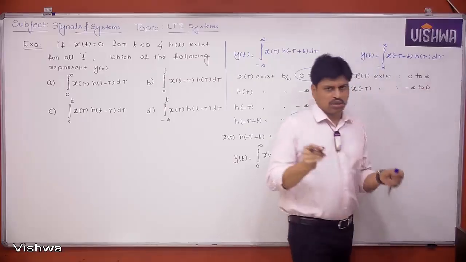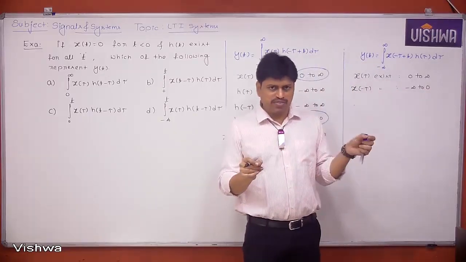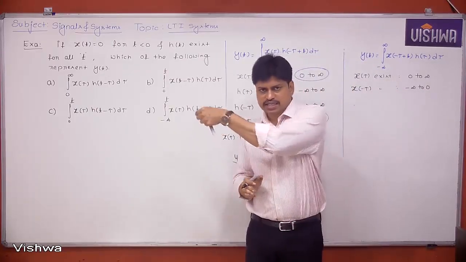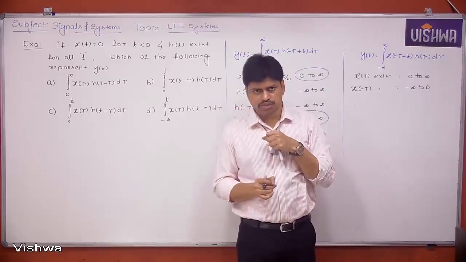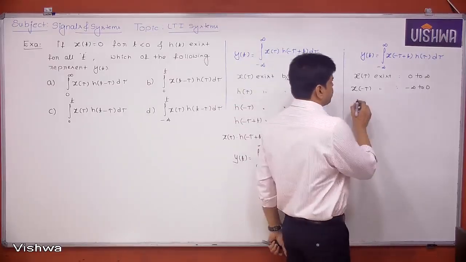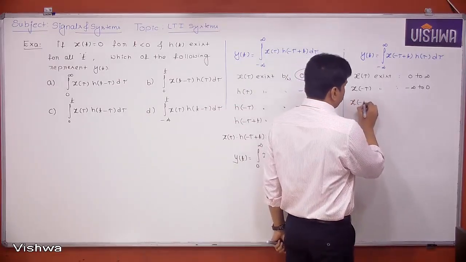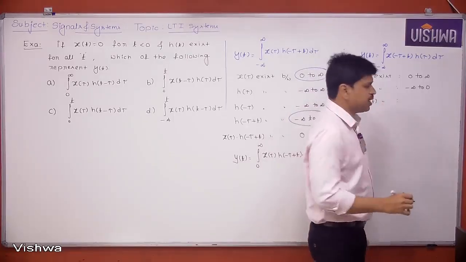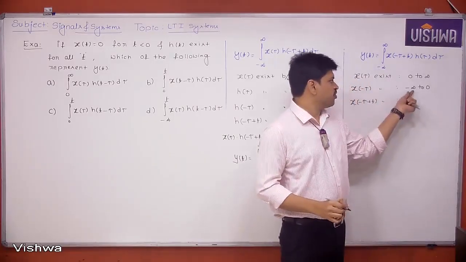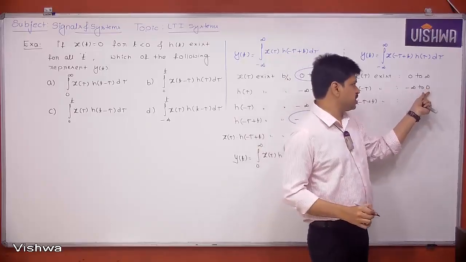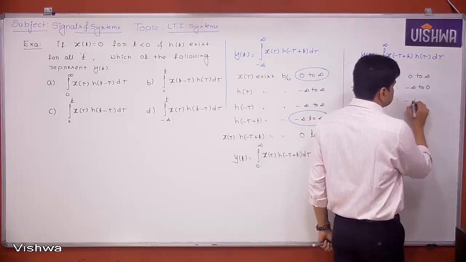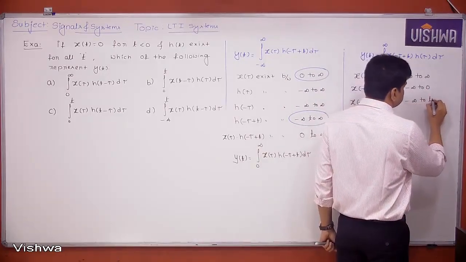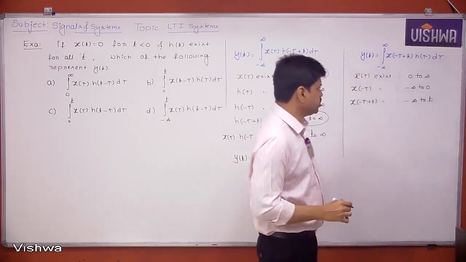Because if a signal is existing between 0 to infinity, if I fold the signal, then it is existing from minus infinity to 0. I hope you understood. Next, x of minus tau plus t. That means we have to delay the signal by t. So if I add plus t here, it is from minus infinity to t.